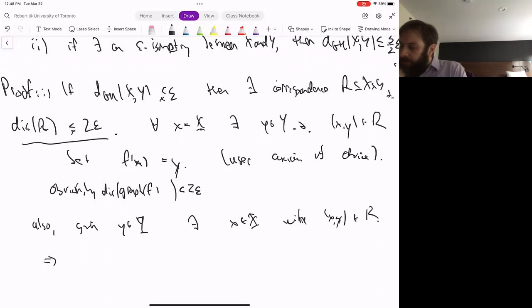But somehow, wait, f of x could be far from, I need to somehow use, yes, right.